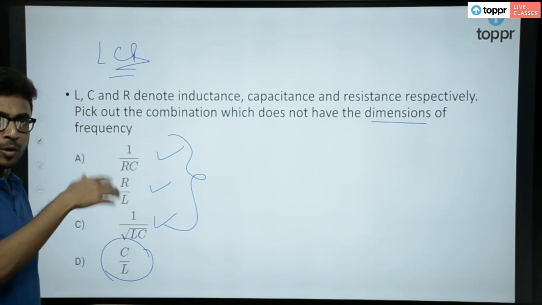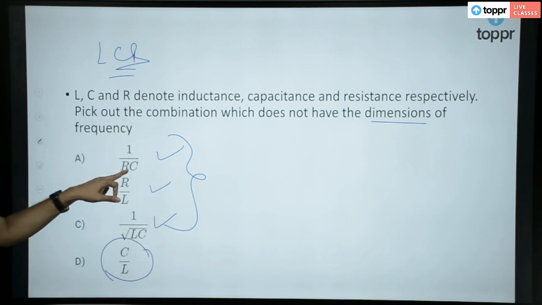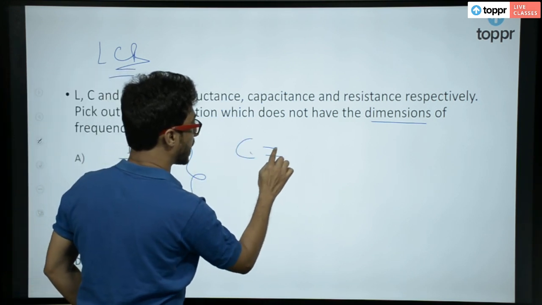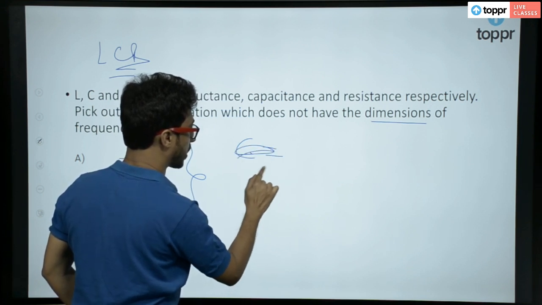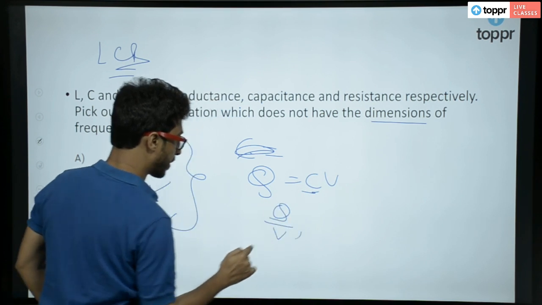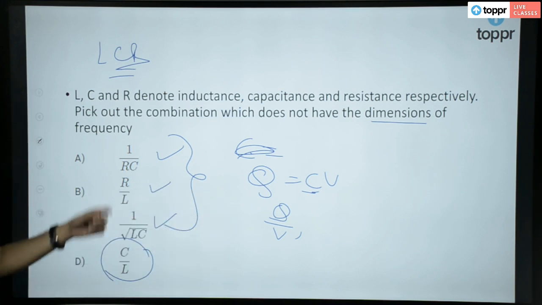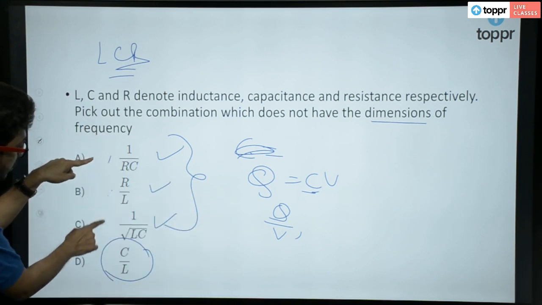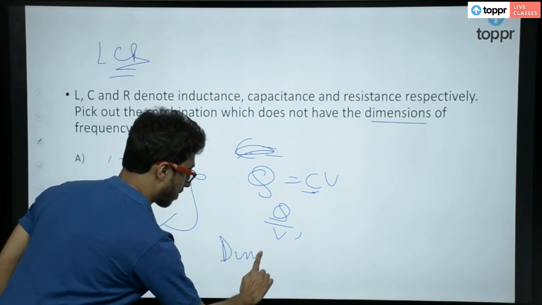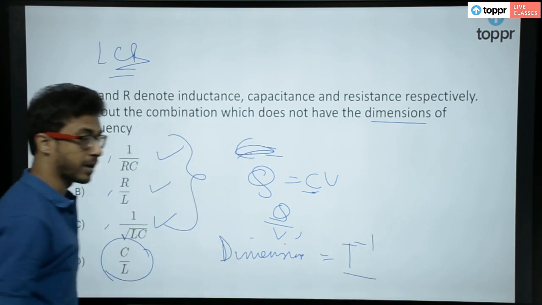For capacitance, Q equals C into V, so C is Q by V. If you do all these things, you will finally get, for all of these, the dimension t to the power minus 1.